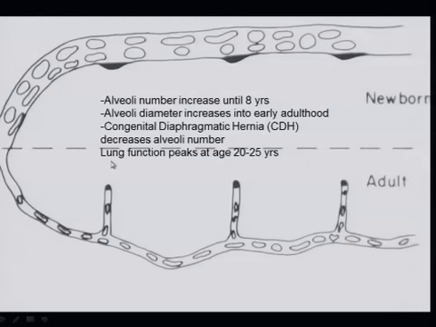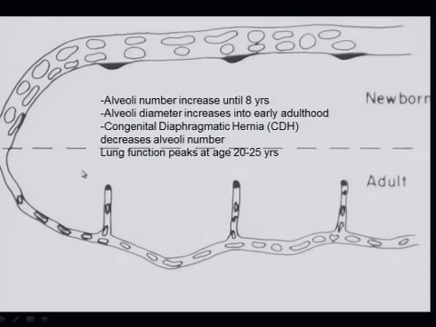And also, it's important to know that lung function peaks under normal conditions at the age of 20 to 25 years of age. That's when you have optimal maximal lung function. That's important to know because as you're exposed to various environmental factors, one being cigarette smoke, you can create damage to these lungs, especially while they're developing.